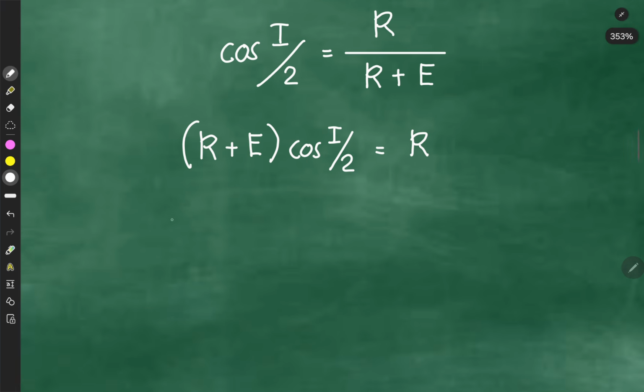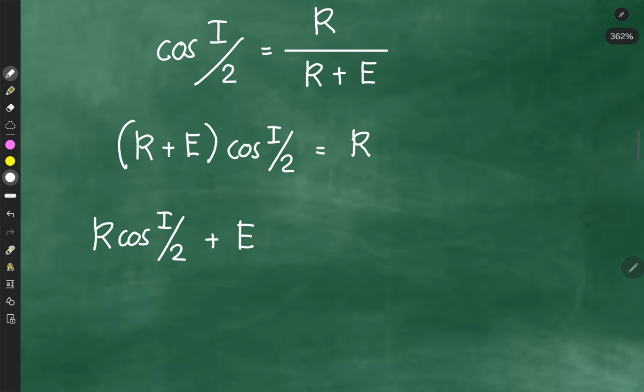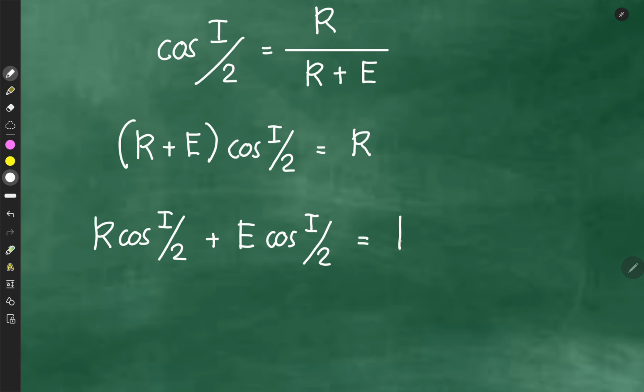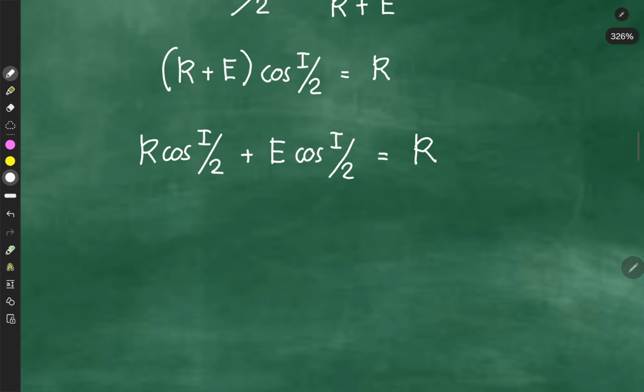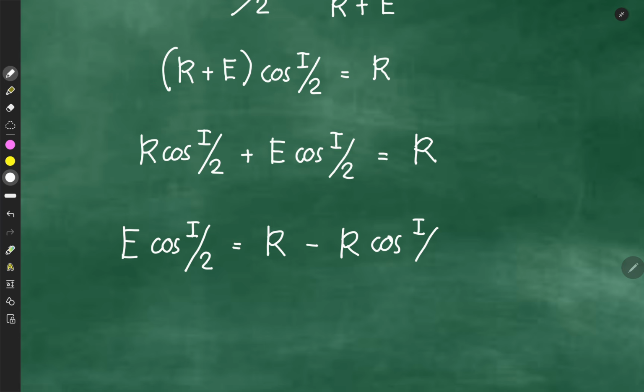So, this will become R cosine I over 2 plus E cosine I over 2 is equal to R. So, let's transpose this sa kabilang equation. This will become E cosine I over 2 is equal to R. So this will become negative kasi ita-transpose natin sa kabila. R cosine I over 2.